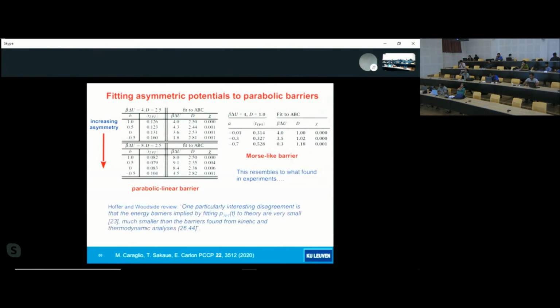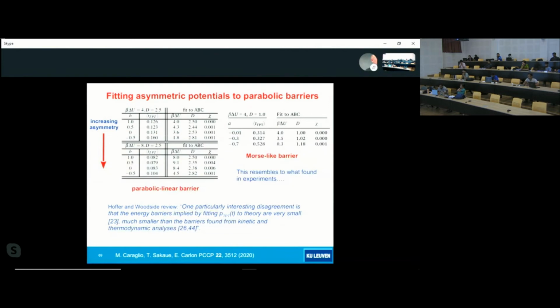I just end by quoting from this review by Hofer and Woodside. There is one particularly interesting disagreement: the energy barriers implied by fitting transition path time distributions to the theory are very small, much smaller than the barriers found from kinetic and thermodynamic analysis.